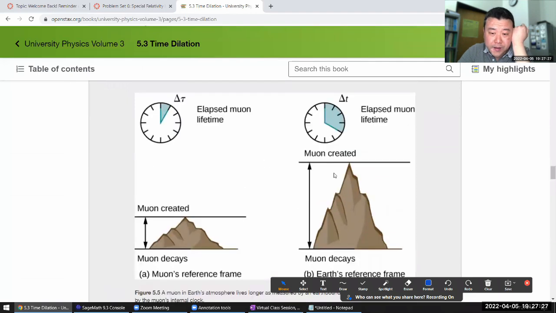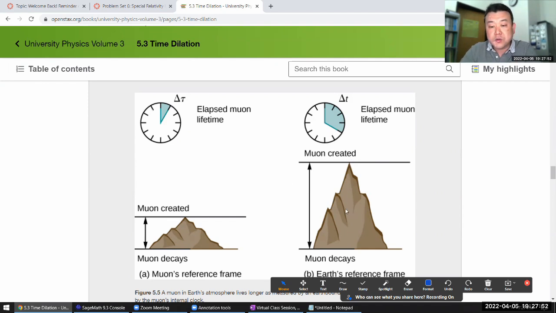Now, in Earth's reference frame, if a muon has to travel this distance, then the amount of time that the muon lives for is longer than how long it lives in its own reference frame because of the time dilation effect. Then you might try to look at how it looks from the muon's perspective, because its proper lifetime will be just the proper lifetime.